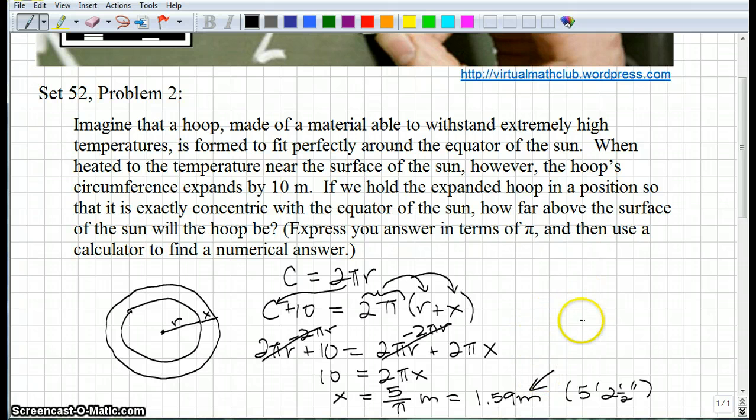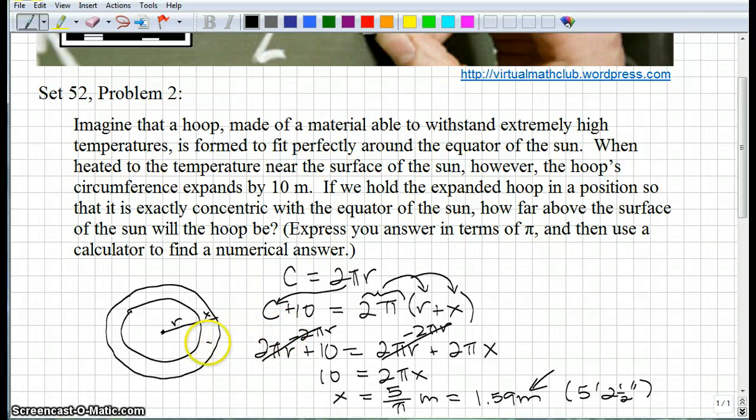Or a basketball. If you took a basketball and made a hoop that fit it, and then made it 10 meters larger, and then made it concentric with the basketball, then it would be 1.59 meters away from the surface of the ball. So it's interesting that r doesn't matter.